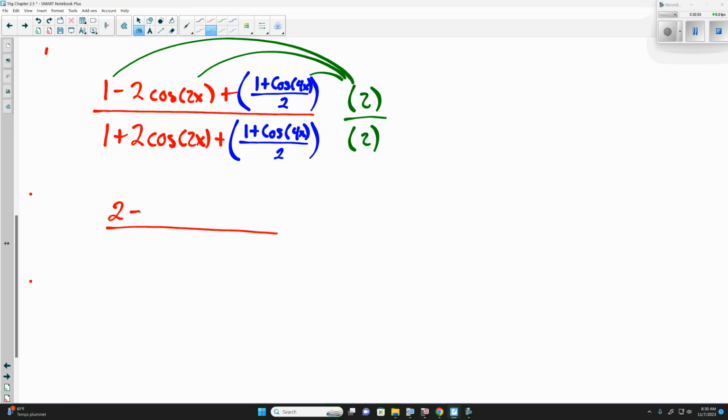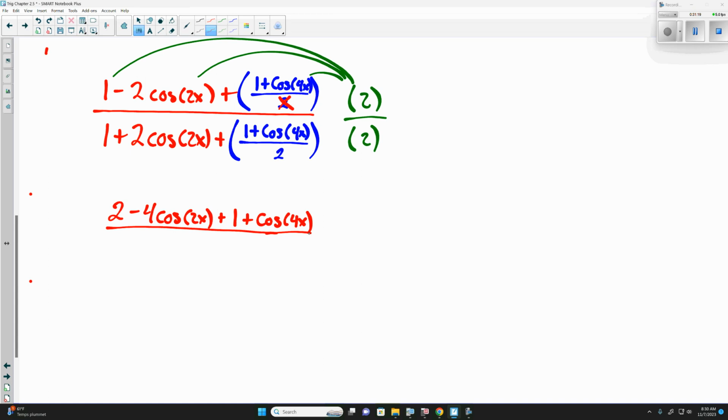Our 2 cosine of 2x becomes 4 cosine of 2x plus, well, this 2 and that 2 are gone, leaving us with 1 plus cosine of 4x. And the reason this is nice is now the entire numerator has no powers.